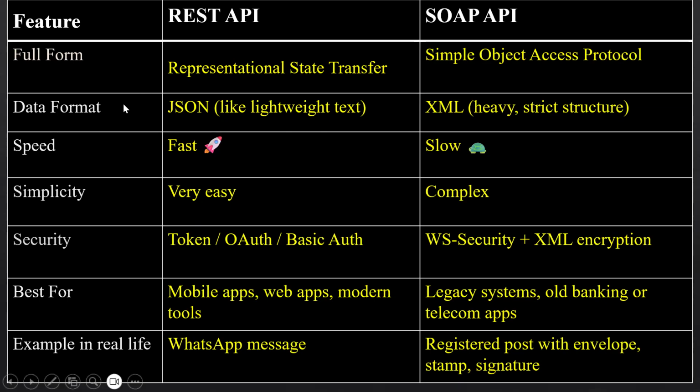The next point is data format. REST uses JSON, a lightweight text format, but SOAP uses XML.